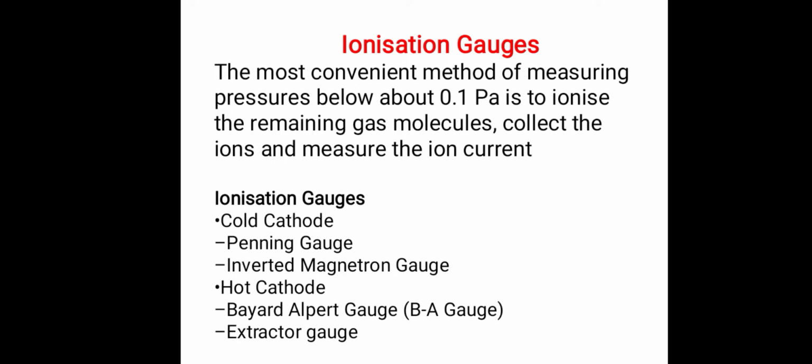Means in these ionization gauges, first we are ionizing the gas molecules, and after that we are going to collect that discharge current, that ion current, and corresponding to that ion current we are measuring the corresponding pressure.